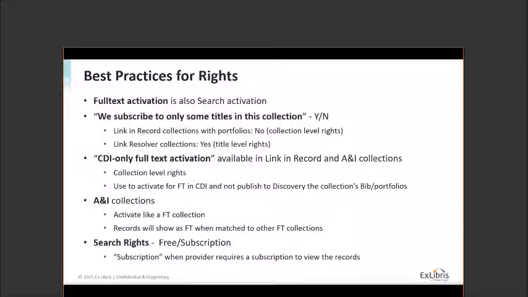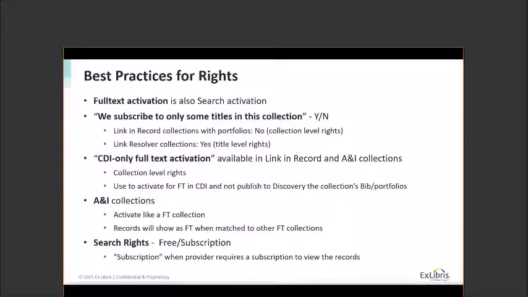In ANI collections, this is something that we need to remember, that ANI collections are not selling full text. And this is something that I believe will be changed in the future, because it is a bit confusing now, where we need to activate ANI collections like they are full text collections.